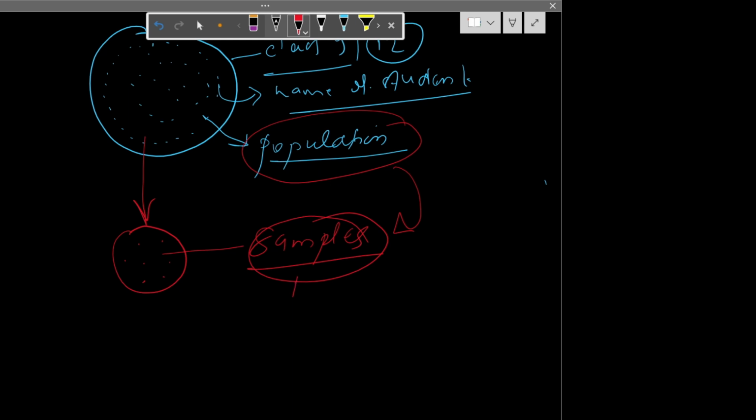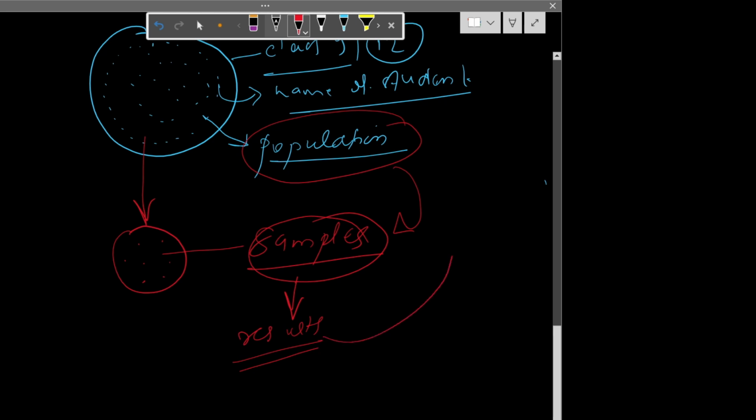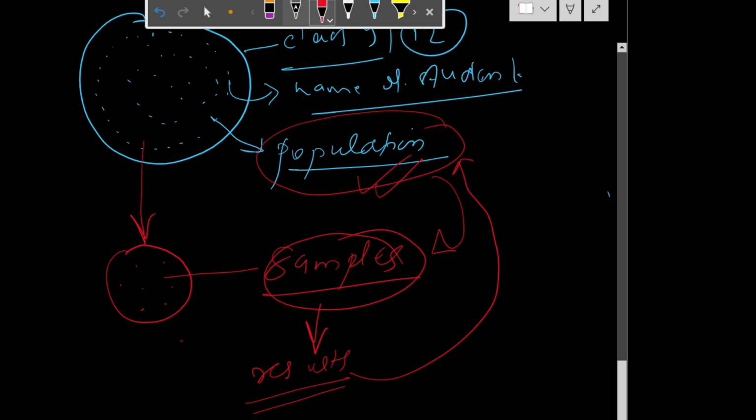From this sample we get some results, and we use these results to make predictions or decisions about the population. This type of statistics is called inferential statistics.